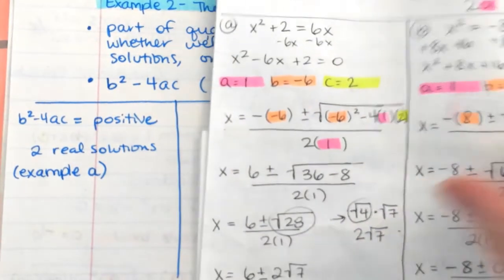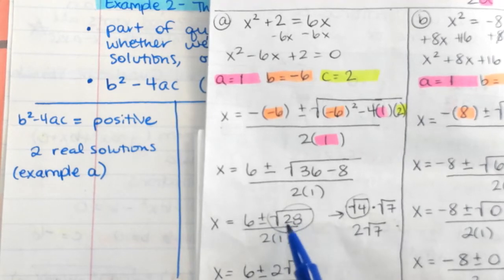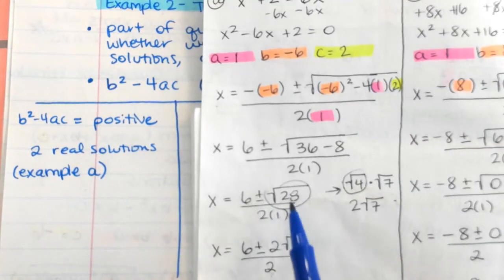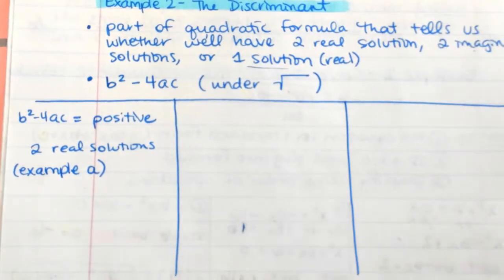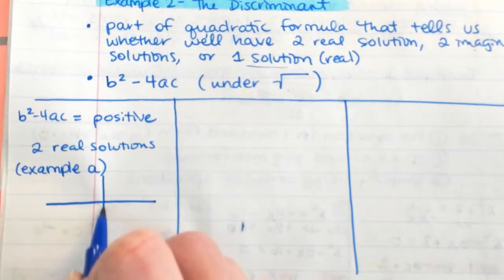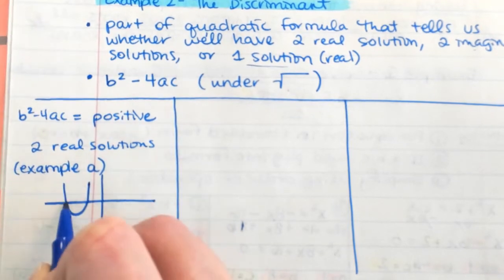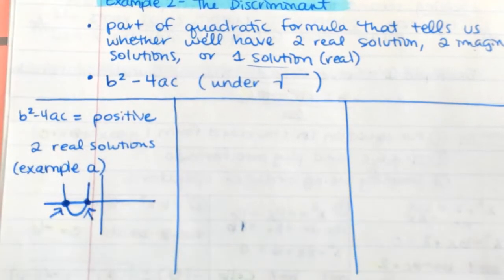So when we did example A and we were simplifying what was underneath the square root sign, we got a positive number there, and we ended up with two real solutions in the end. So what's underneath the square root sign, if it's a positive, that means you'll have two real solutions. And visually, what that would look like on a graph is that we saw it on Desmos. It's basically just a graph that crosses the x-axis in two different spots. So those would be my solutions. Those are my x-intercepts.